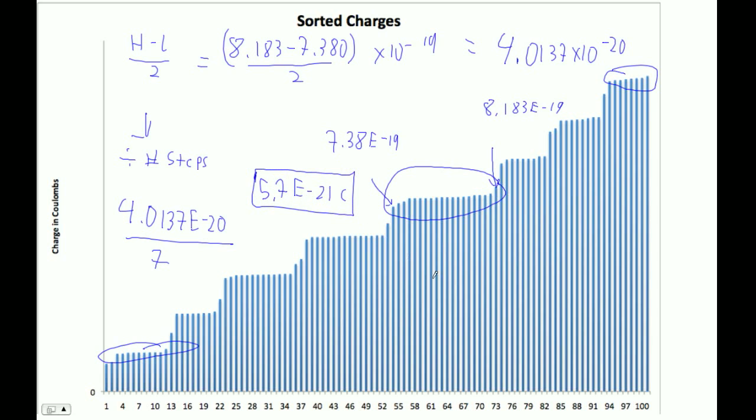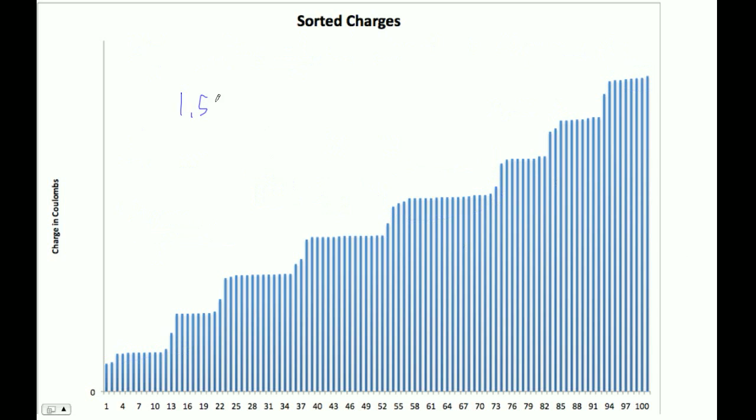Okay. So my answer was 1.56 ultimately. I ultimately got 1.56 E minus 19 plus or minus 5.7 times 10 to the minus 21st.